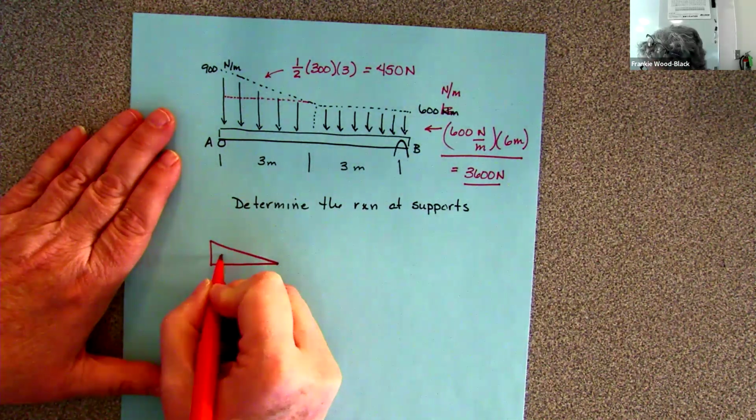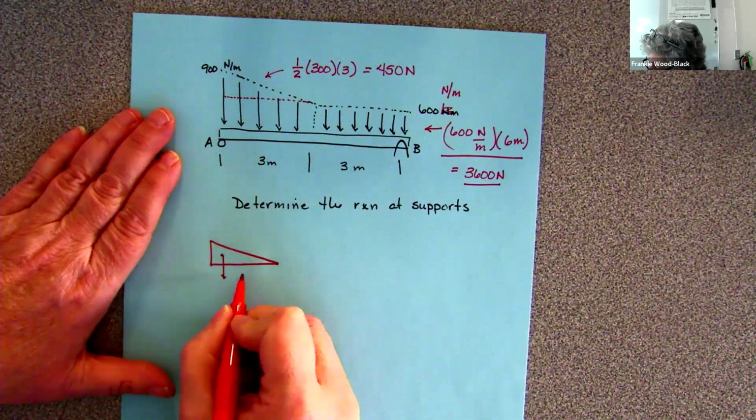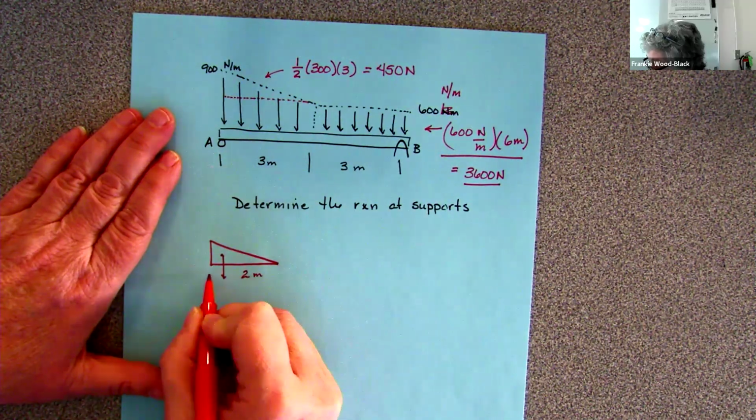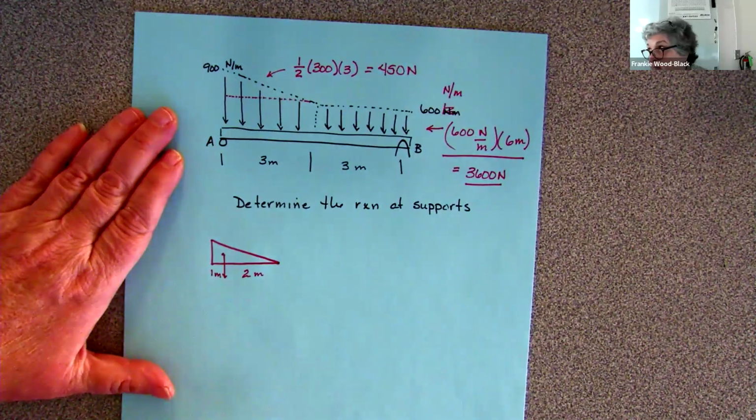The center of mass is right here. So if this side is 3, this side is going to be 2 meters, and this side is going to be 1 meter. You can look those up in the CRC handbook for math tables, you can Google it, or you can remember it from geometry.